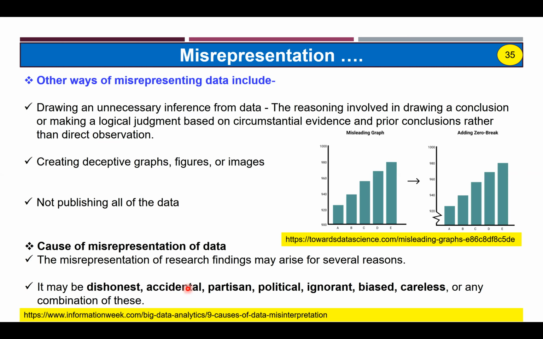It could be accidental. Or it could be due to political pressure or ignorance, bias, carelessness, so there are many ways. So this misrepresentation of data can happen, but it should be avoided. This does not fall within publication ethics. Okay.